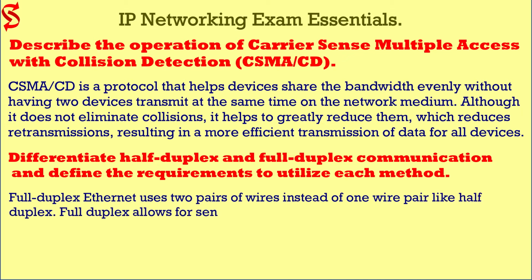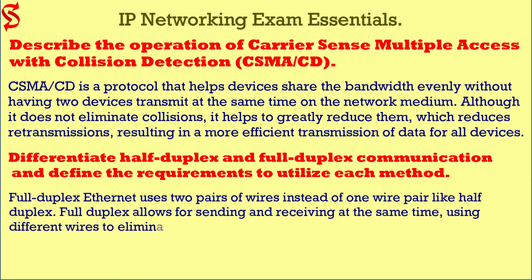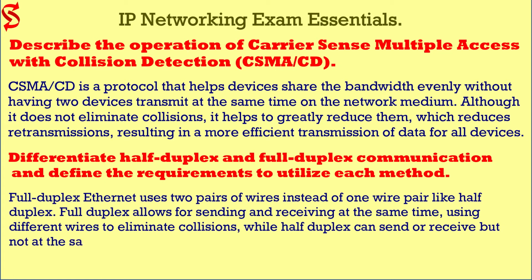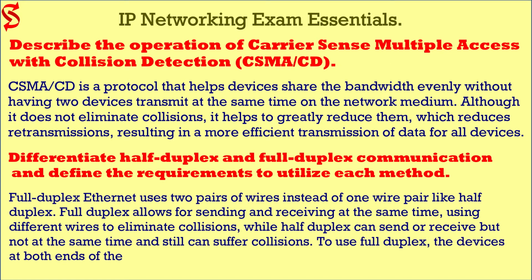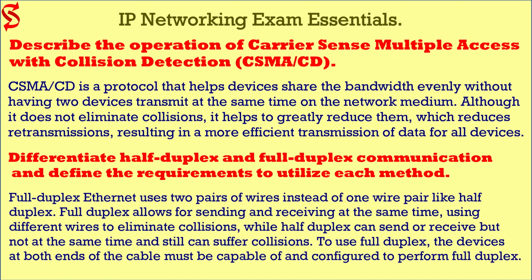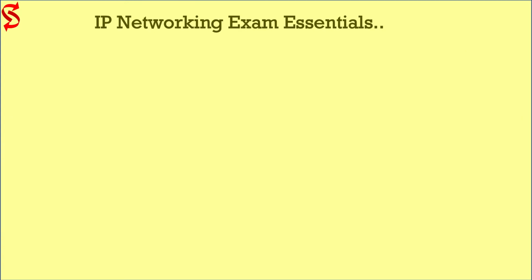Full-duplex allows for sending and receiving at the same time, using different wires to eliminate collisions, while half-duplex can send or receive but not at the same time and still can suffer collisions. To use full duplex, the devices at both ends of the cable must be capable of and configured to perform full duplex.